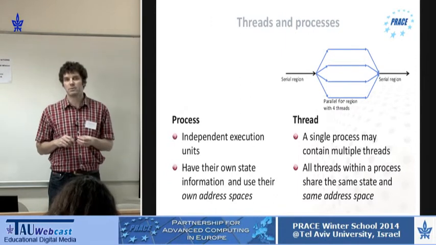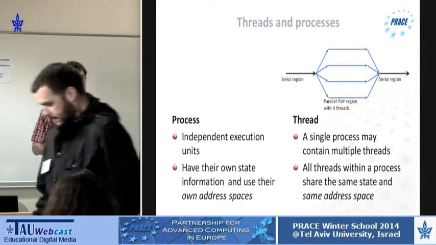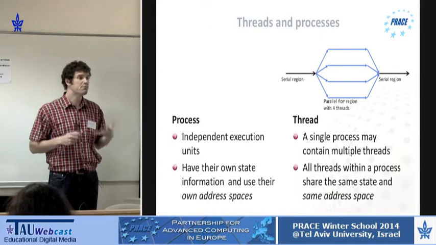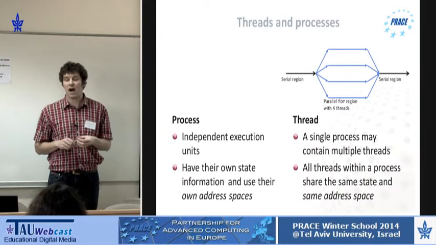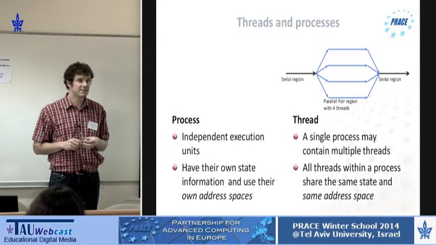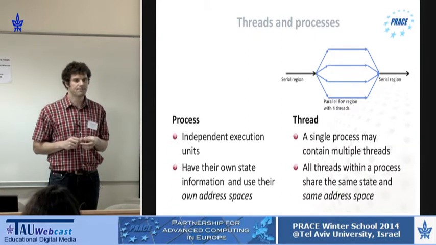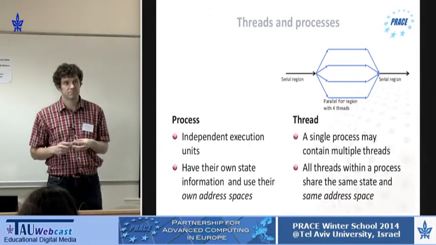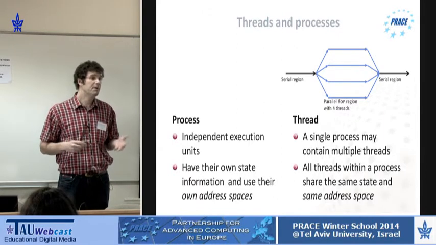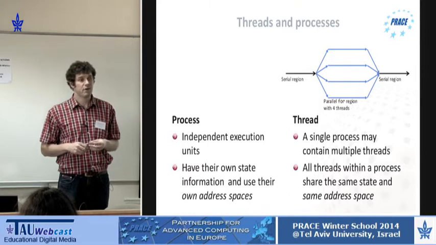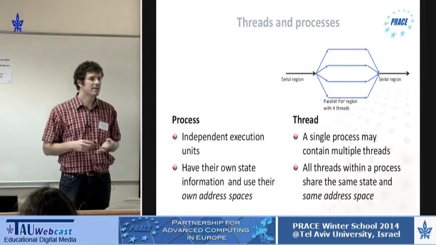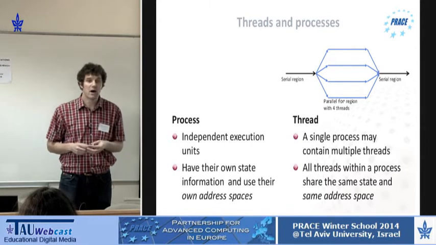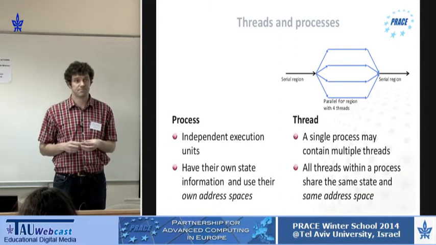Probably the most important fact distinguishing threads and processes is that each process has its own address space. In practice that means that one process cannot directly access the memory of another process. And in MPI, in order to get data from another process or to send data to other processes, one sends and receives messages.